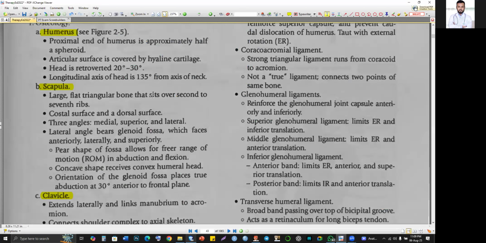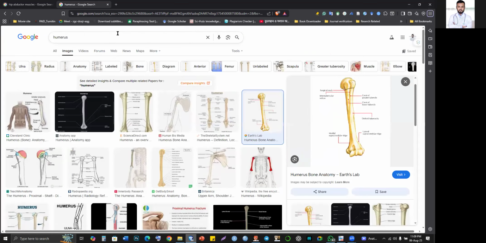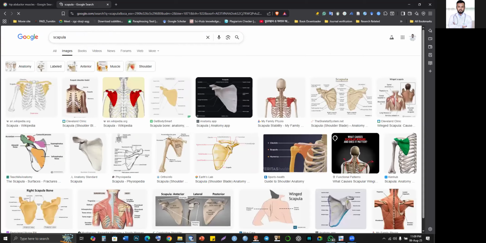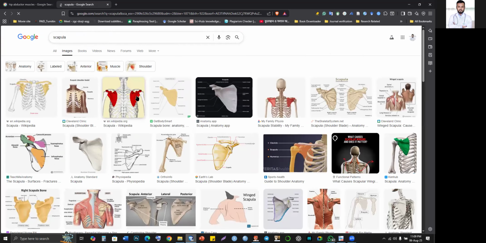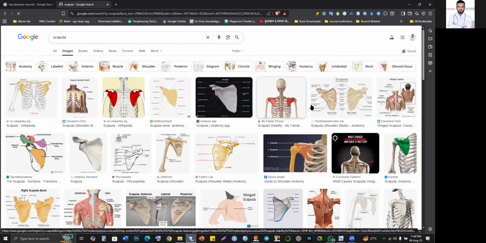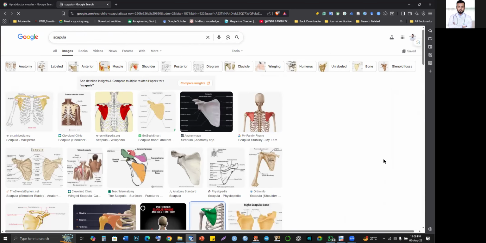Then, about the scapula: a large flat triangular bone that sits over the 2nd to 7th ribs. We want to review this. Here is the scapula, which you can see in this beautiful picture. My internet is getting slow.